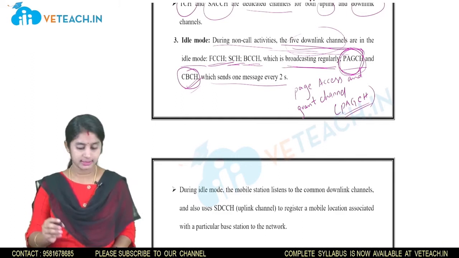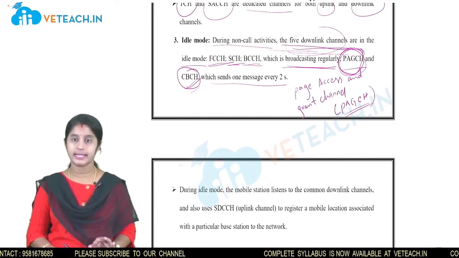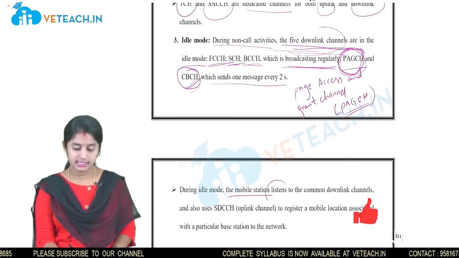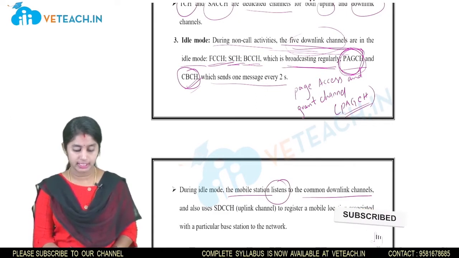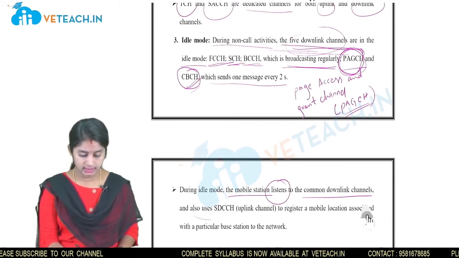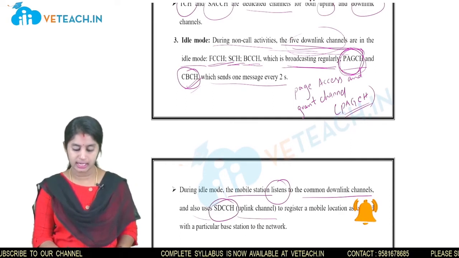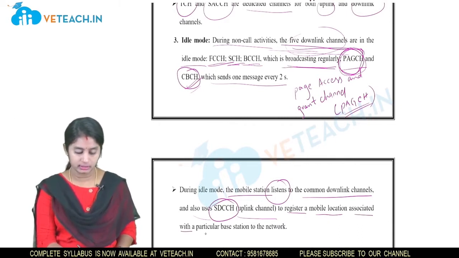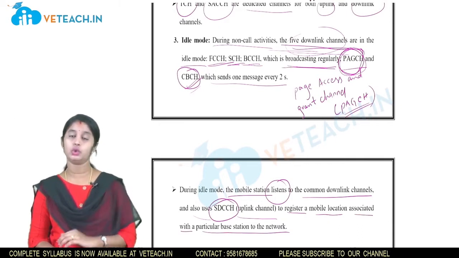Clear? This is the process we have in the idle mode, and during idle mode, the mobile station listens to the common downlink channel and also uses the SDCCH uplink channel to register the mobile location associated with a particular base station to the network.